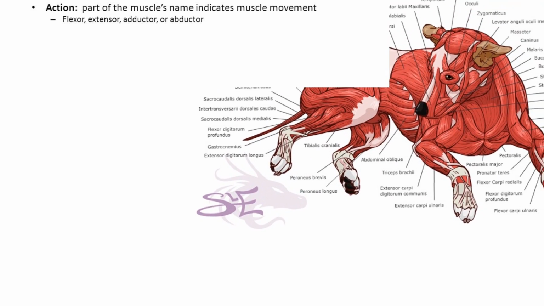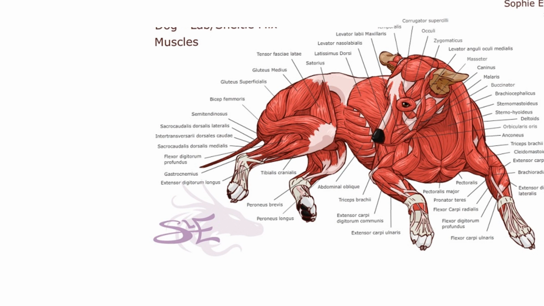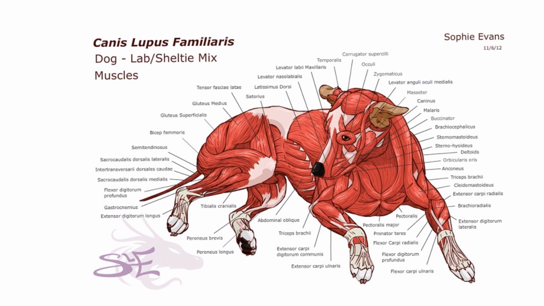So I've got two images here. Sophie here, God bless you wherever you are, Sophie, and the dog, and there's the genus species name for the dog, by the way, up here. You can see these are pretty much the superficial skeletal muscles of a dog, and there are all kinds of names, and oh my gosh.